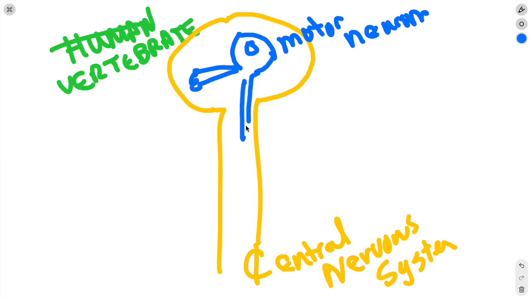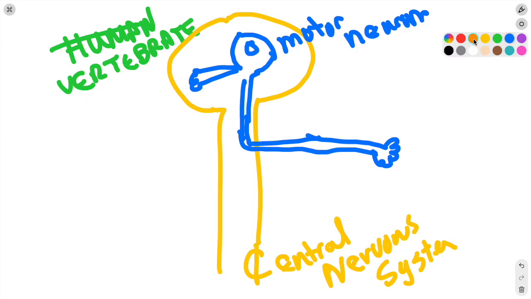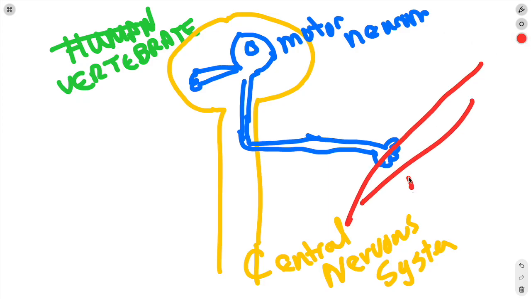The axon is going to leave the central nervous system and go out and make a synapse on a muscle, and cause the muscles to contract. That's a great name, motor neuron, because it's our motor that moves stuff around, or moves our arms and legs around like that.